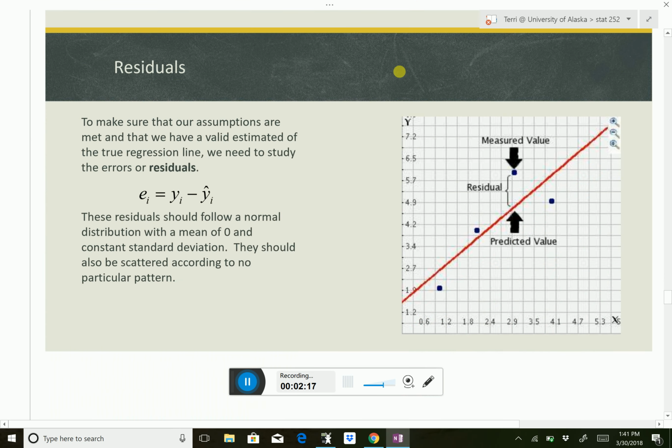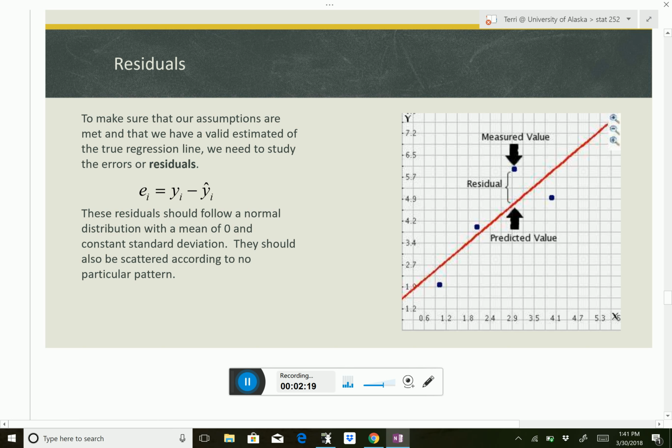One of the ways we do that is to study the residuals. Residuals are basically our errors. That is the difference between the actual measured value, this is y, the one we got, and this right here, y hat at the same x. This one is at 2.9.